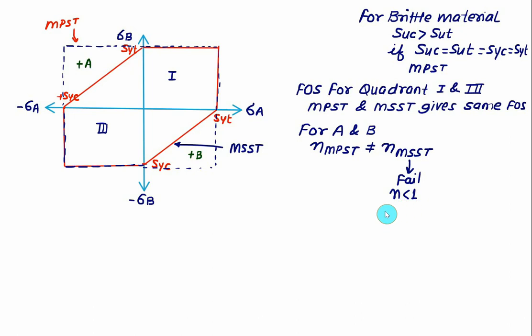It does not fail by MPST, so the factor of safety will be greater than 1. When it does not fail, the factor of safety is greater than 1, and if it fails, the factor of safety is less than 1. So these are a few observations about MPST and MSST, the maximum principal stress theory and the maximum shear stress theory.